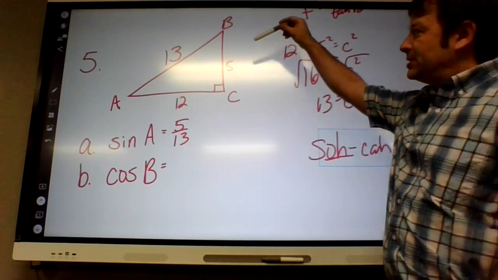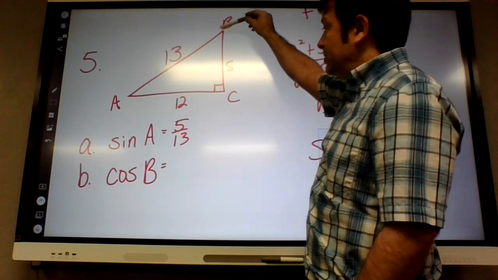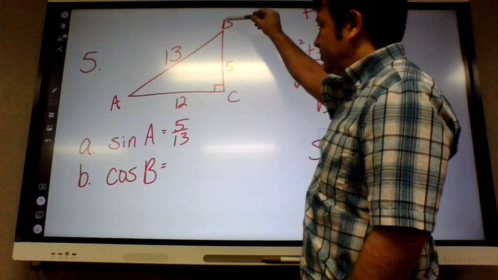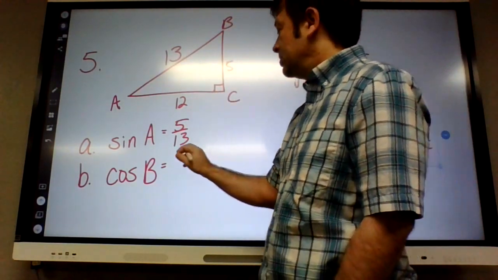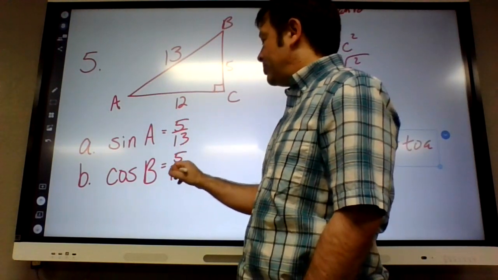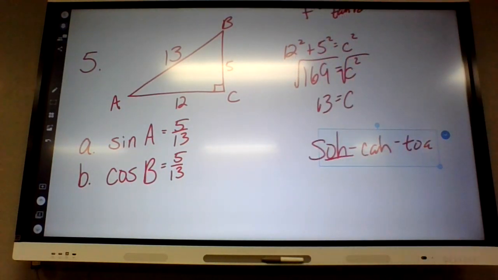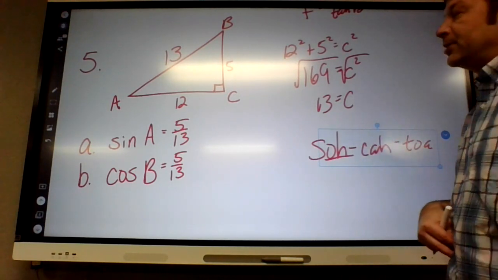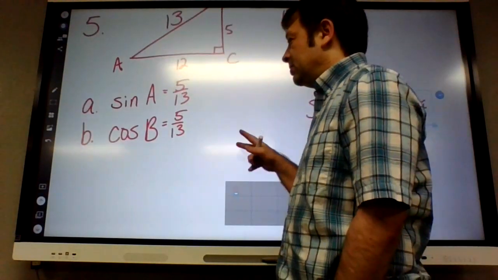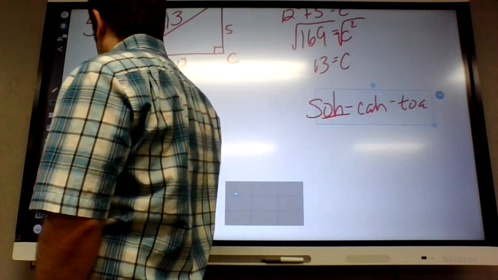So what is adjacent to angle B? 5, and hypotenuse 13. So they're kind of trying to make a point right here. Sine and cosine are going to be the same if you use the other angle for one and the other.